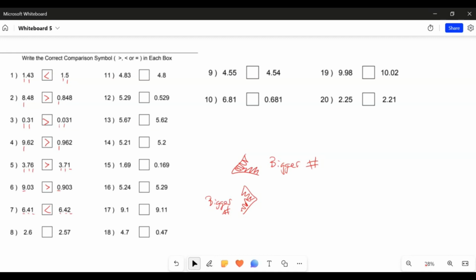All right, on number 8, look at number 8. You tell me, should I have a less than sign or a greater than sign? And you know, on your keyboard down there at the bottom next to your M, you can do a shift and do a less than, and right next to it is the greater than. Or you can tell me which one's bigger. Okay, I'm asking which one is bigger, or do we put a greater than or less than sign?